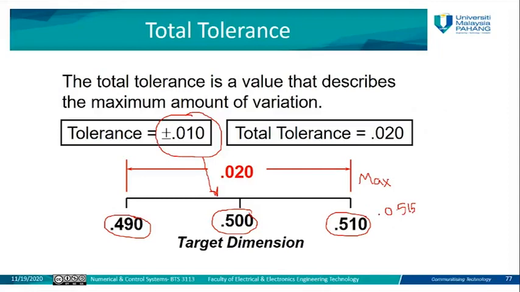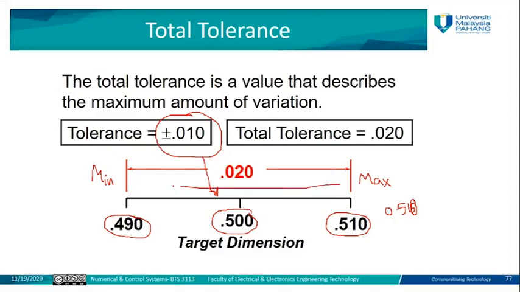They will not package and send it to the customer, or put it in the machine, or in another manufacturer's product, because it has a value which is more than the acceptable error or the acceptable variation in the product length. So this is the maximum value, which is 0.51. Here is the minimum value, which is 0.49.